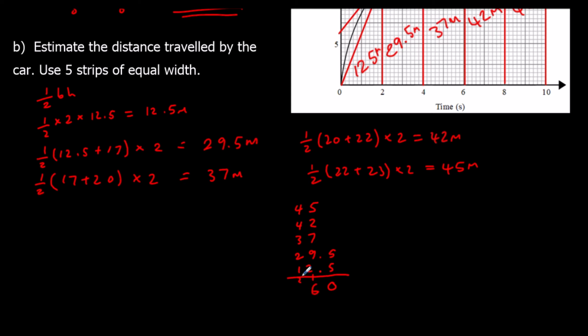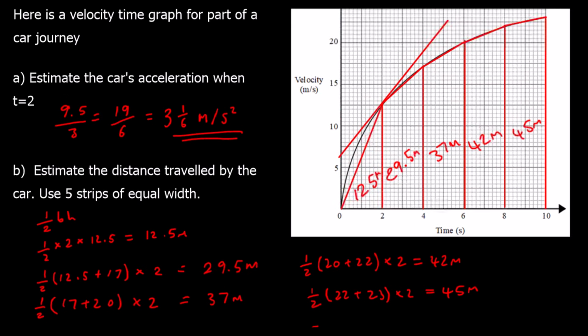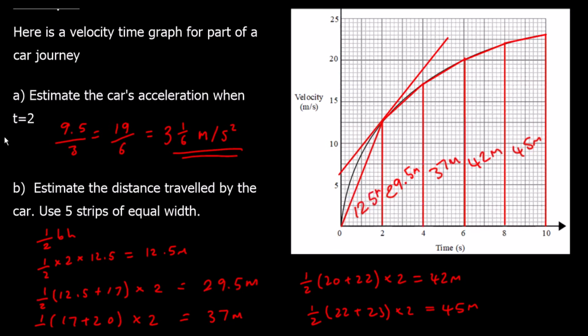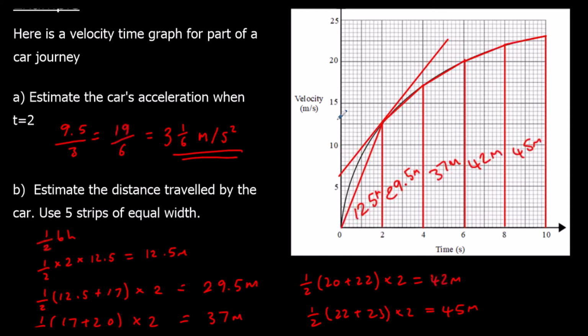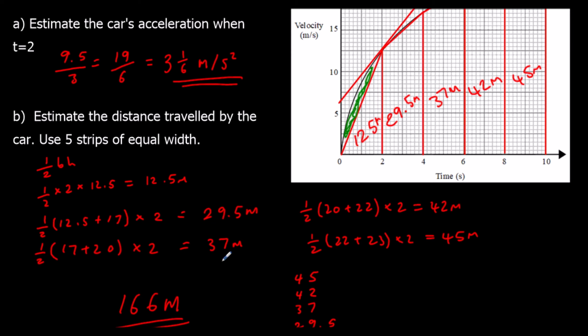And I've got 2, 3, 4, 5, 6, 7, 8, plus 8. So it's 166 meters. So my estimate for the total distance traveled is 166 meters. And you can see that's probably slightly lower than the actual distance traveled because I've missed out this green section. So it's probably an underestimate of the total distance the car actually traveled.